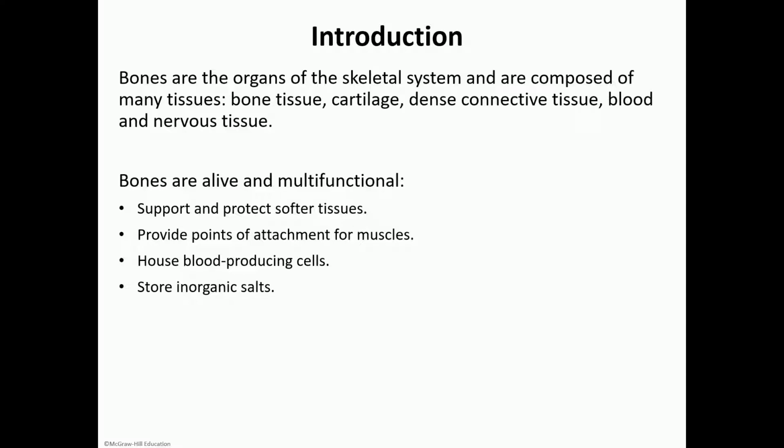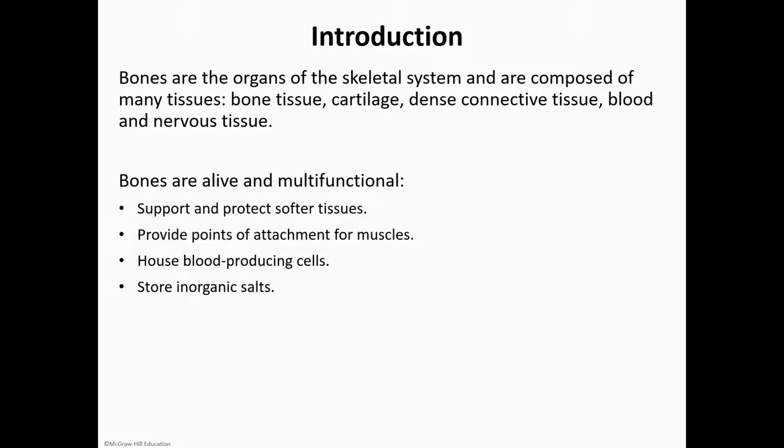A little introduction that bones are organs of the skeletal system. Okay, so each single bone is an individual organ. So the femur, for example, which is a bone in the lower limb, is considered an organ. So you want to think of individual bones as individual organs. And each bone has a lot of different tissue in it.